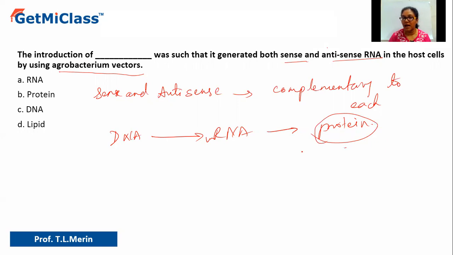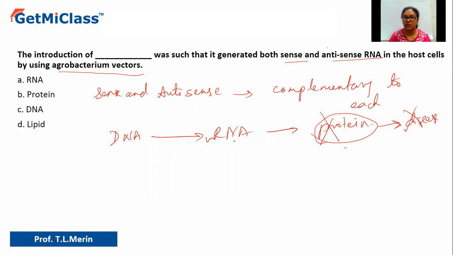Now, if we have the capacity to stop the production of protein, then we can stop the disease as well. So what can we do?